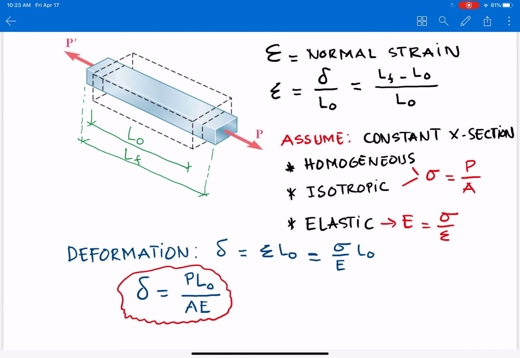PL over AE. So that equals PL, the load on the rod, over AE for the aluminum rod.